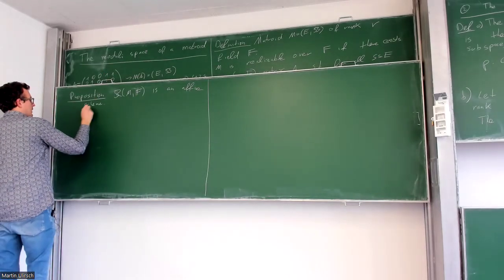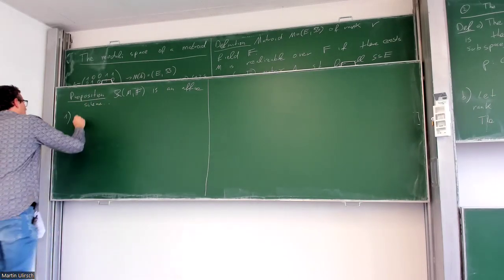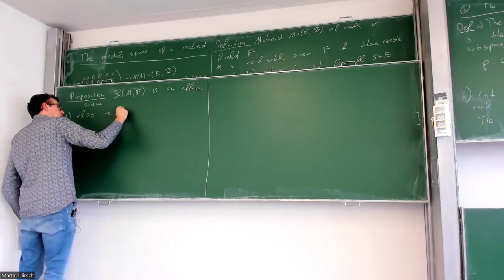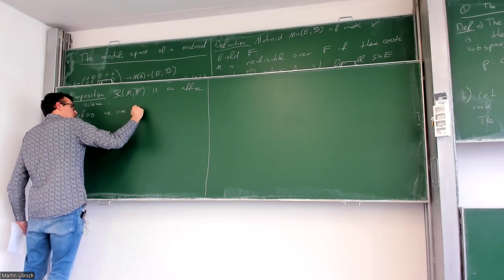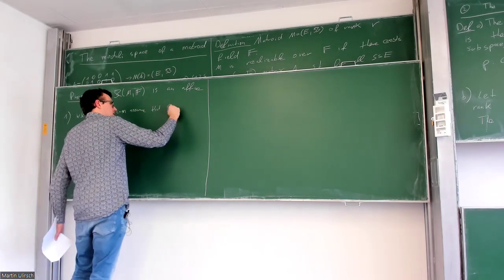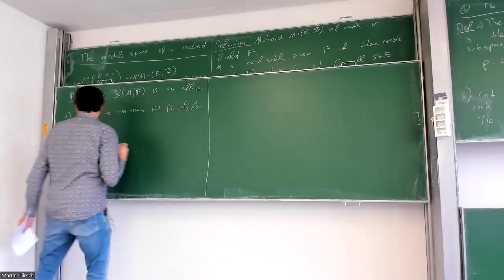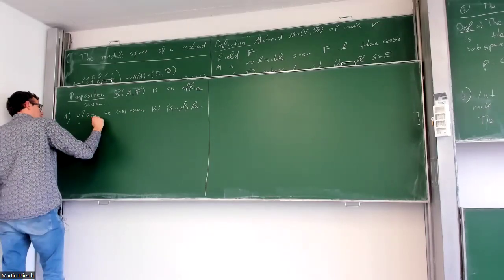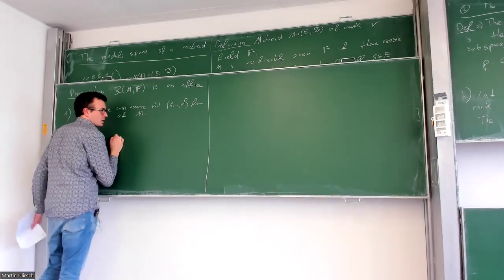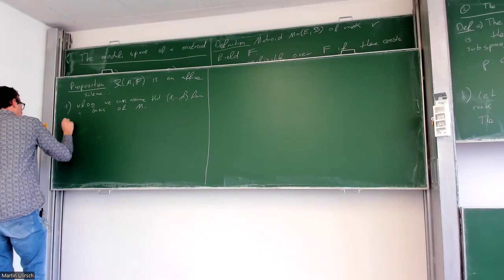So first of all, without loss of generality, we can assume that the first d elements, 1, 2, ..., d, form a basis of M, by just relabeling the elements, and that just makes it easier for our description.